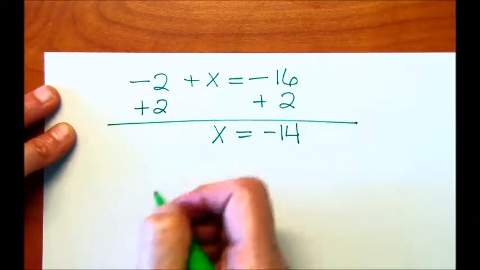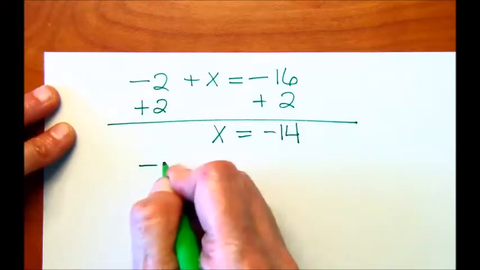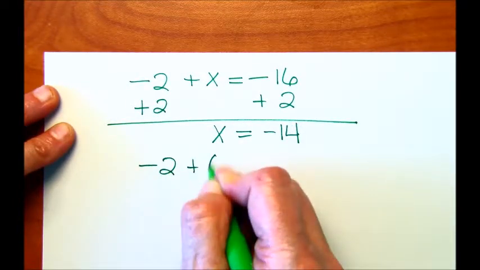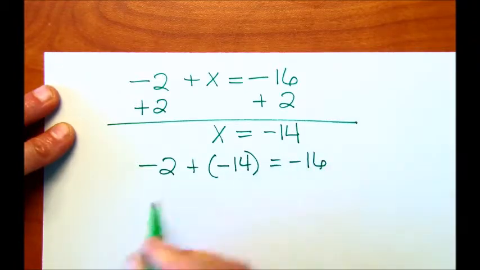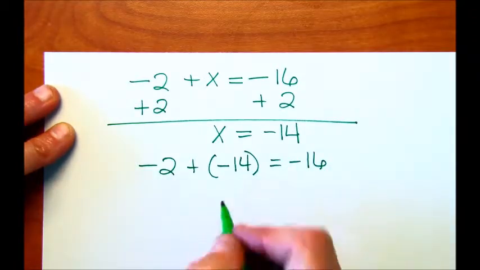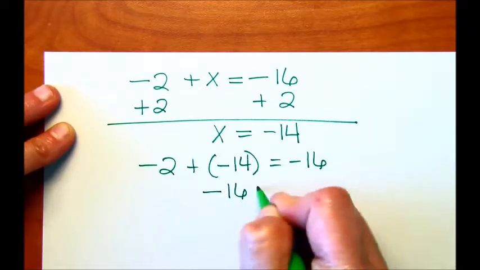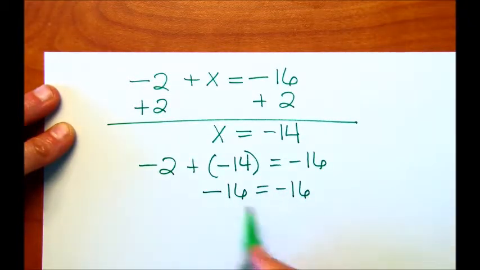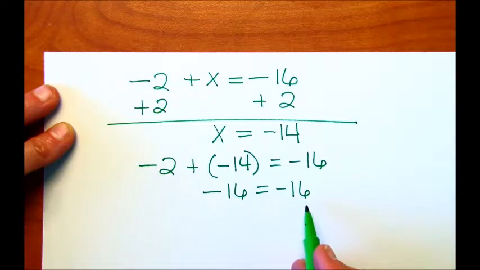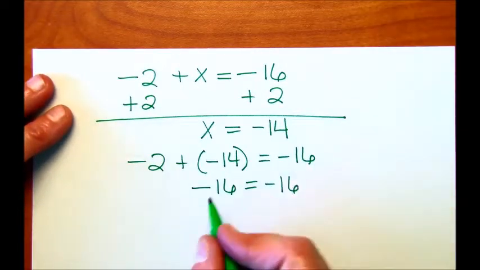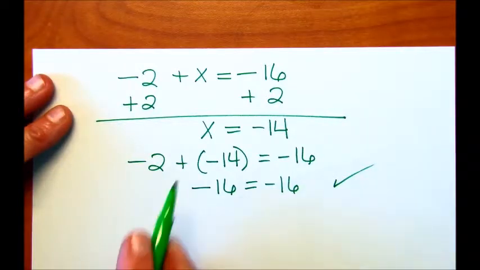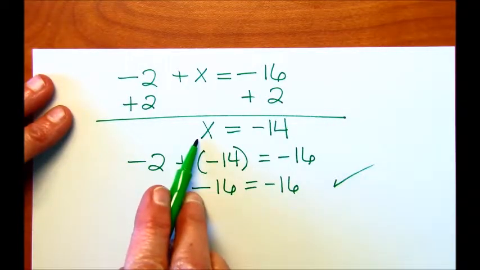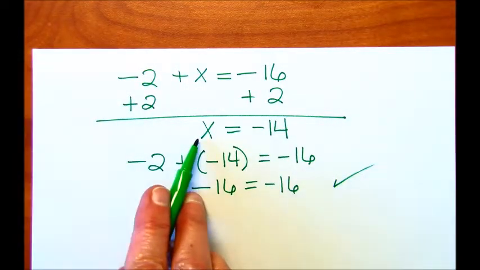Now if I plug that back in, I'm just going to rewrite negative 2 plus a negative 14 is a negative 16, which equals the other side of my equation, or the other side of my equal sign. And so I would say that that is indeed the value of x for this equation.